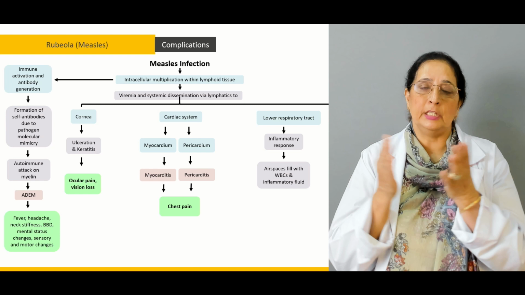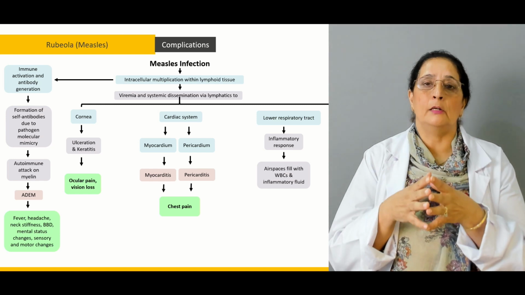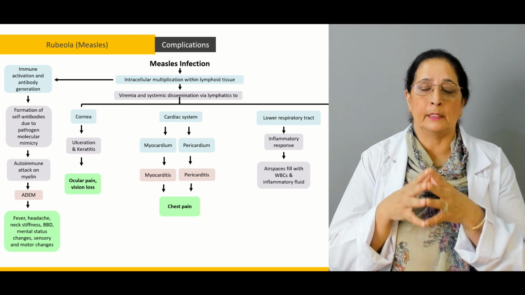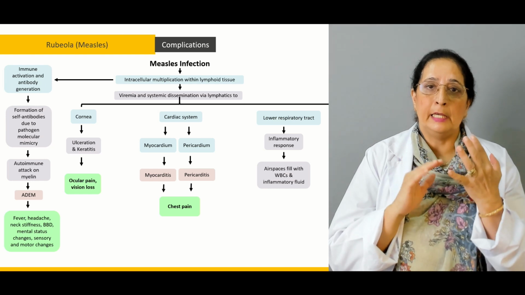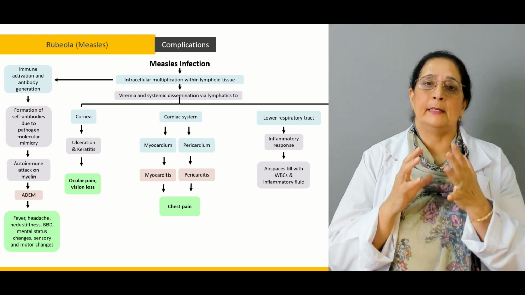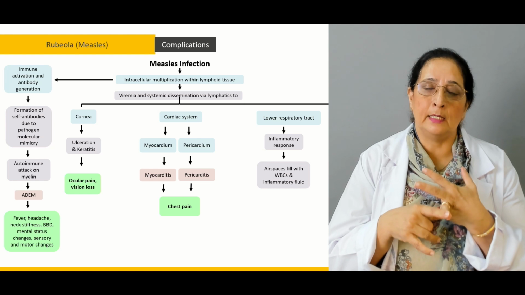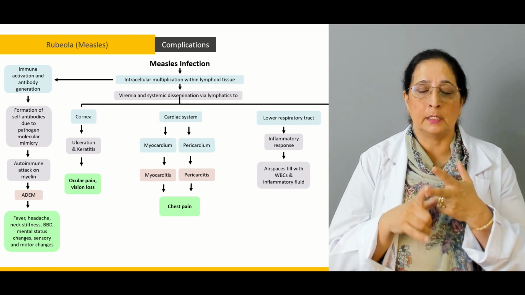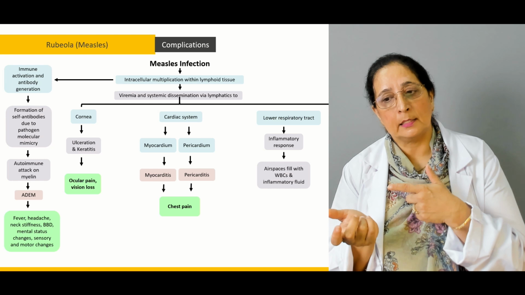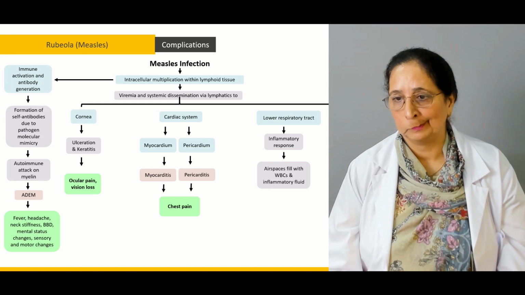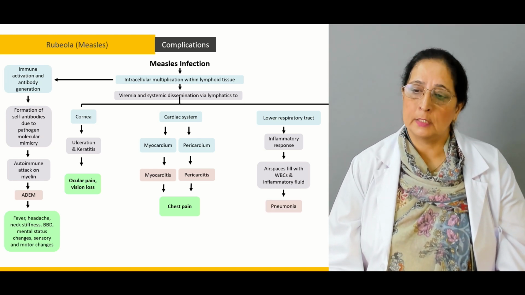So all these changes can occur as a result of measles infection. It involves the cornea and affects the vision, it affects the heart and cardiovascular system, and it affects the respiratory system. And it can cause pneumonia.